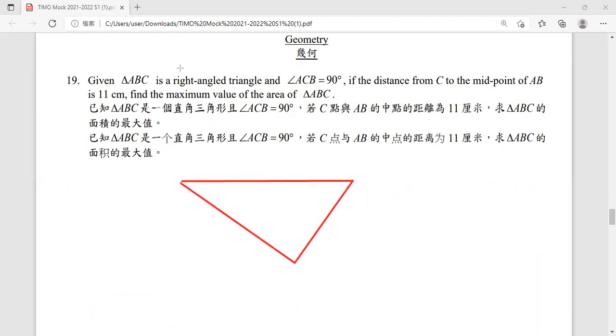Let's draw a diagram. You draw a diagram yourself.